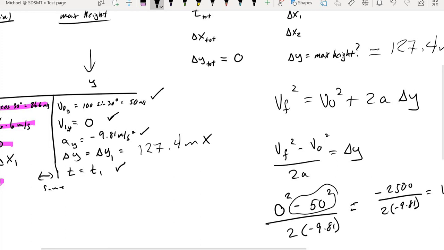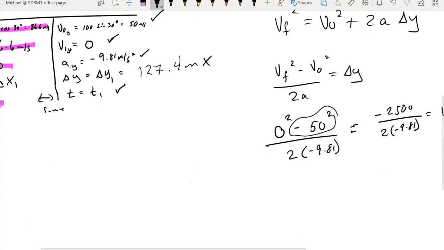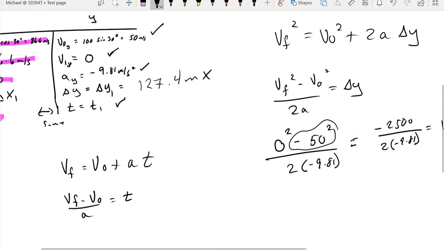I don't want to use something that was calculated unless I have no other choice. So we are looking for the kinematic equation that does not involve displacement. And that would be this one. We just need to rearrange it to solve for time.